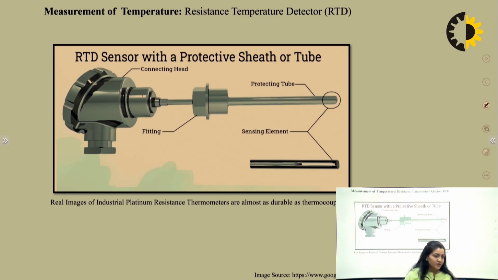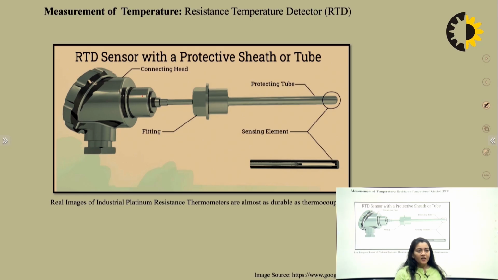Suppose it is a chemical, or some kind of liquid that you are measuring. So it should be in contact with that particular area or source.